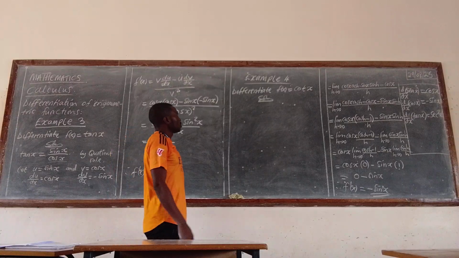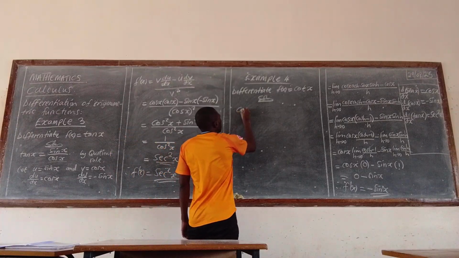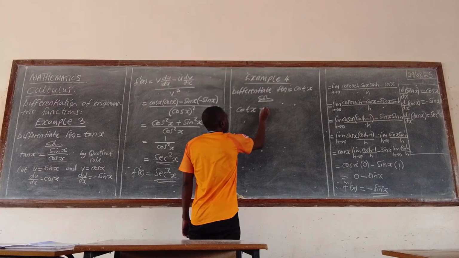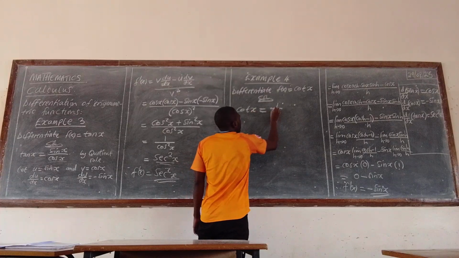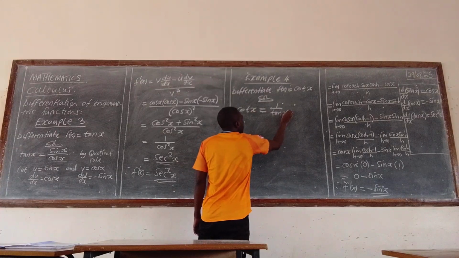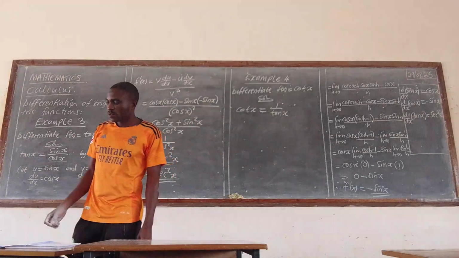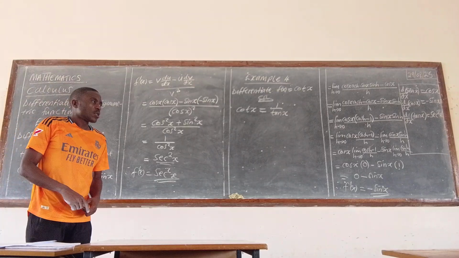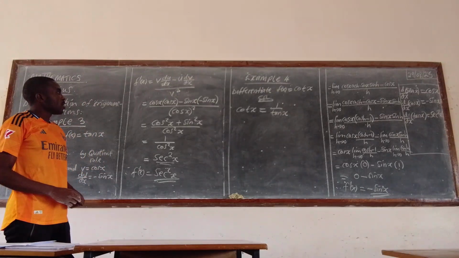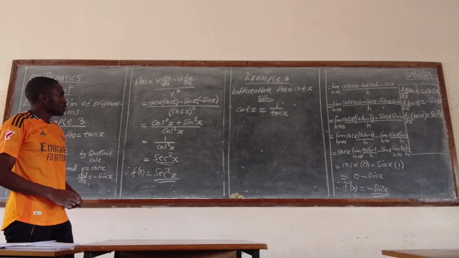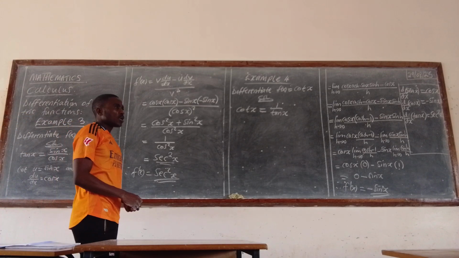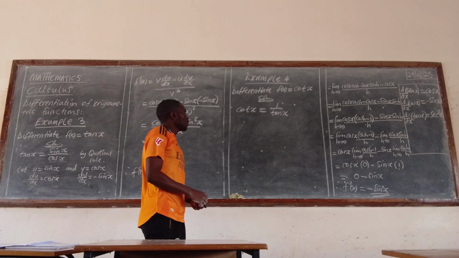So now we know to say cot x is just the same as 1 over tan x. Now we know tan x is just the same as sine over cosine.